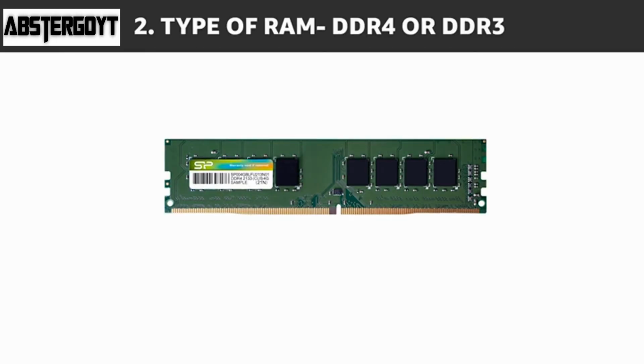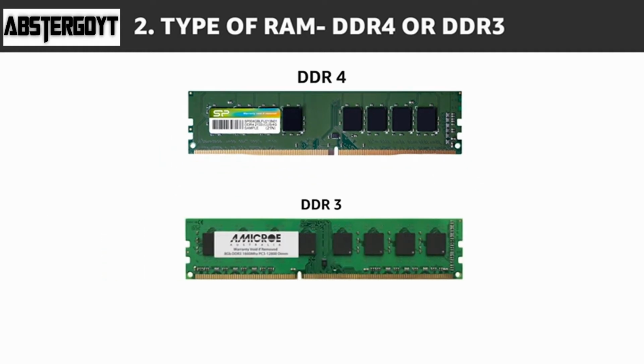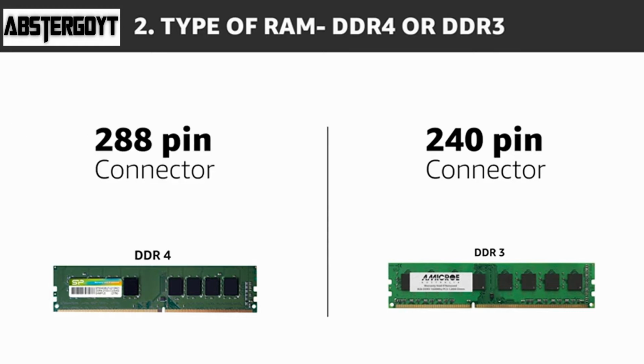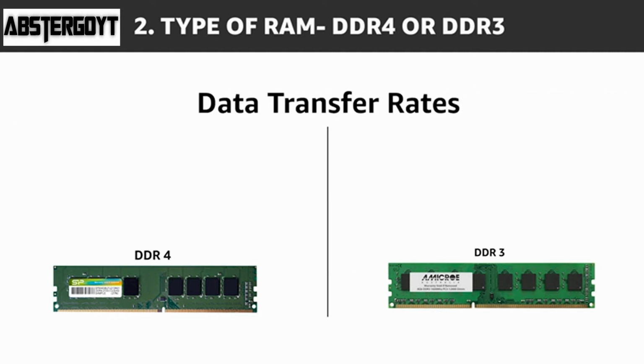Now coming to the type of RAM, the newest generation of RAM is designated DDR4, and systems that support DDR4 cannot accommodate DDR3 and vice versa. This is because DDR3 RAM uses a 240-pin connector, while the newer DDR4 RAM uses a 288-pin connector. Another key difference between these two types of RAM is the speeds at which they can transfer data.